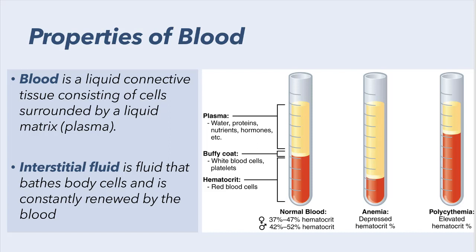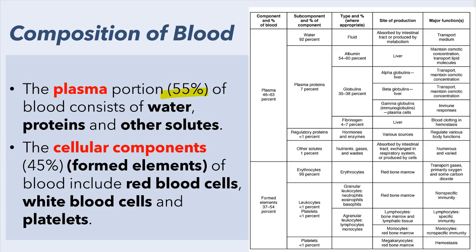If we centrifuge a vial of blood, we see that it can separate into different layers. The bottom layer, we get what we call formed elements. And on the top layer, we get what we call plasma. Plasma makes up 55% of blood, and it's mainly made up of water, proteins, and other solutes.